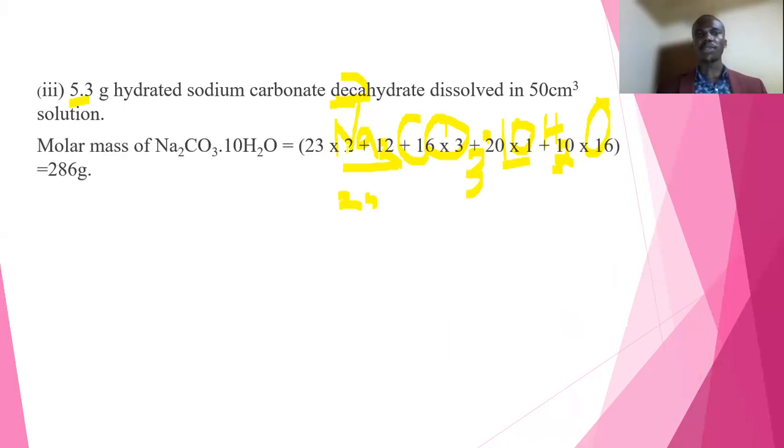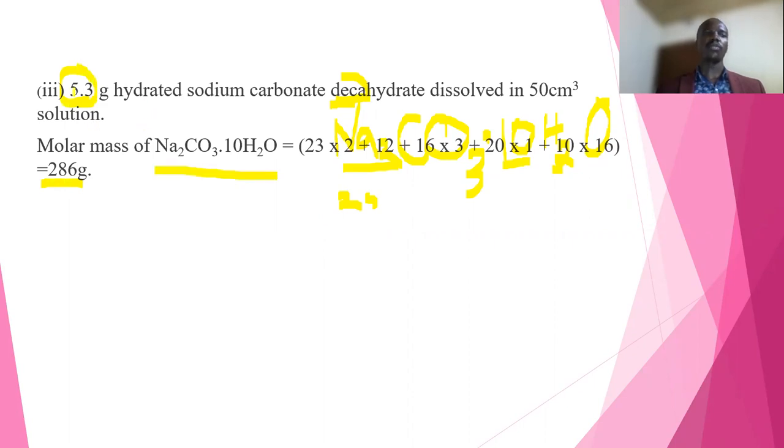Let's see. So we have 23 times 2 because we have 2 sodium atoms, plus 12 for carbon, plus 16 times 3 for oxygen. Then we add 20, plus 1 times 2 times 10, and also 10 times 16, which will give us 286. So from there, now get the moles of that salt.